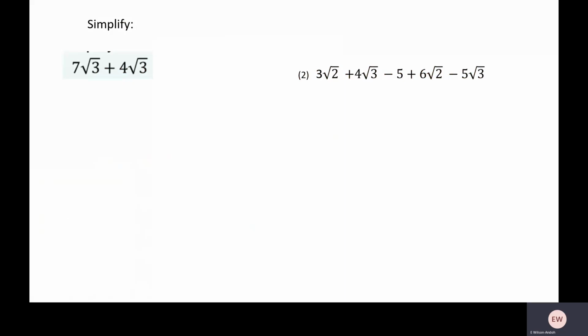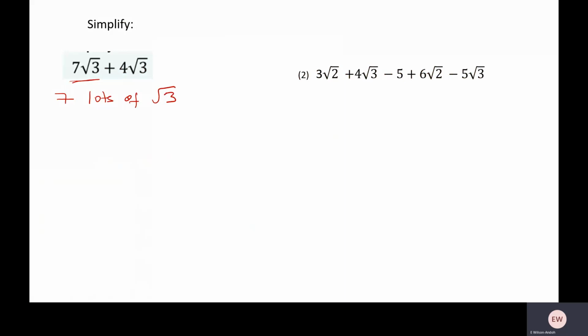Now, in our first example, root 3 cannot be simplified, so this one is in its simplest form. If we take the first term, which is 7 root 3, 7 root 3 is the same as 7 lots of root 3 because it is 7 times root 3.